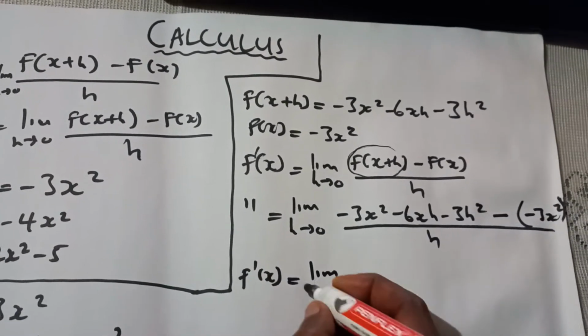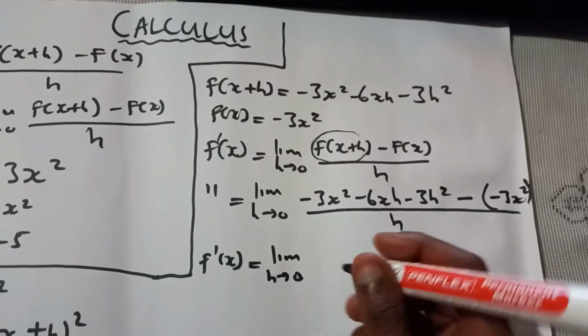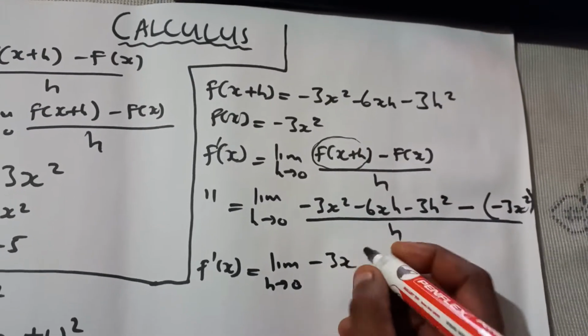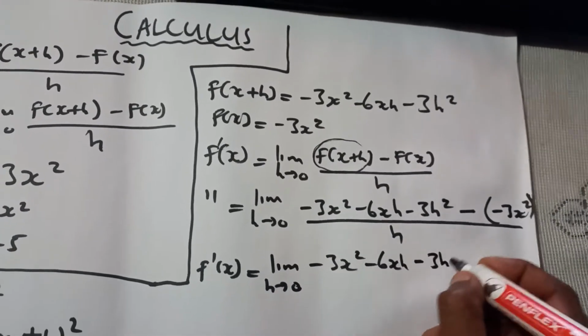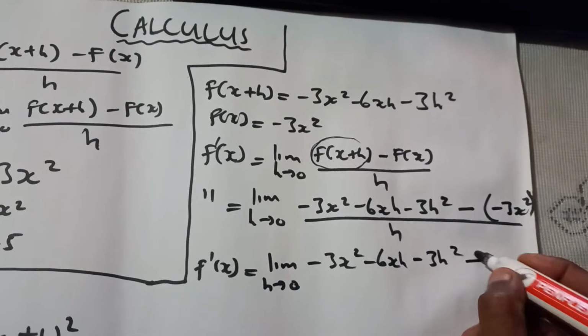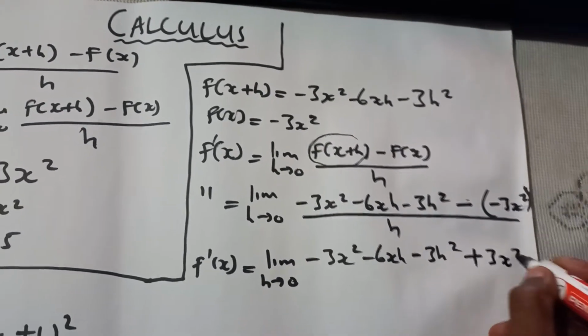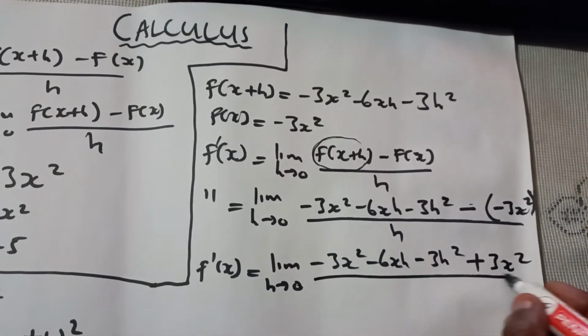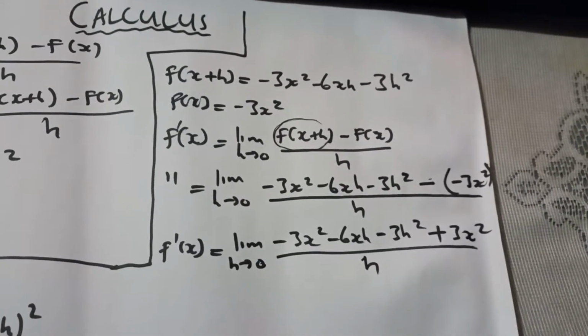The limit as h approaches 0 of negative 3x squared minus 6xh minus 3h squared. This is plus. Since it's negative and negative, we get plus 3x squared all over h.